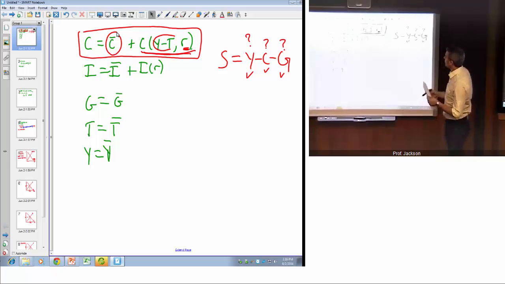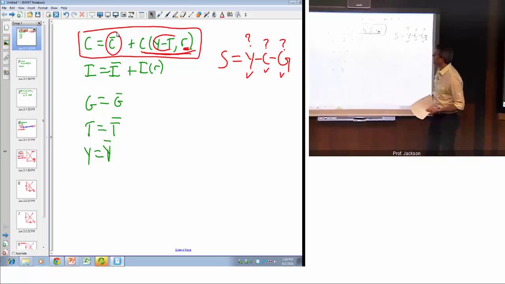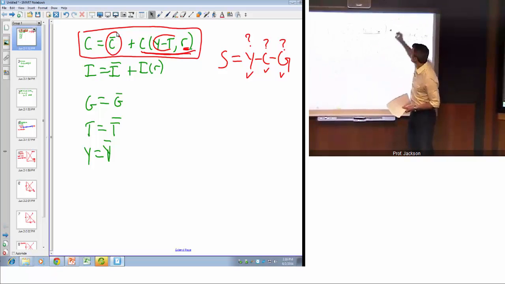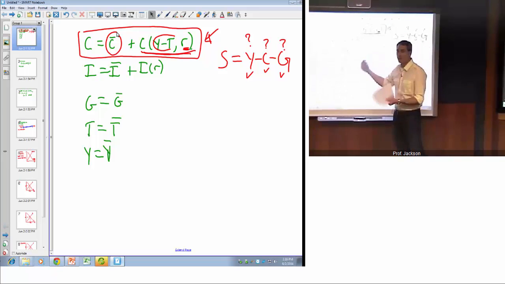So the question, fundamentally, is thinking about all of these pieces and how we put them together. We have savings is equal to y minus c minus g. We know that consumption is driven by this convoluted equation here, with the underlying factors of autonomous spending, disposable income, and real interest rates.